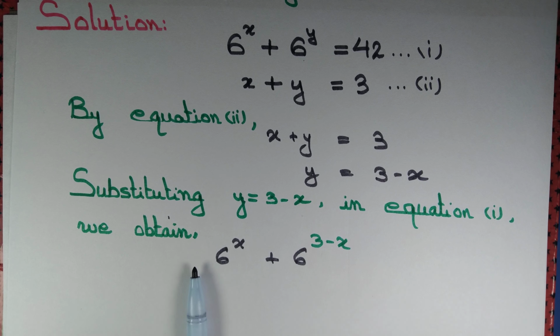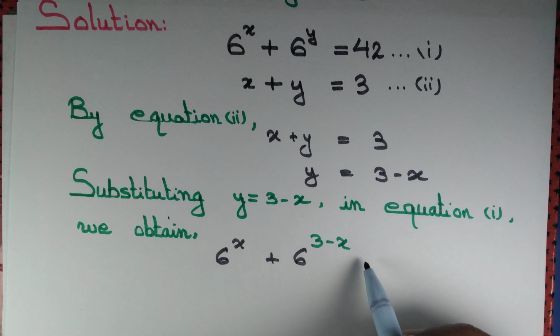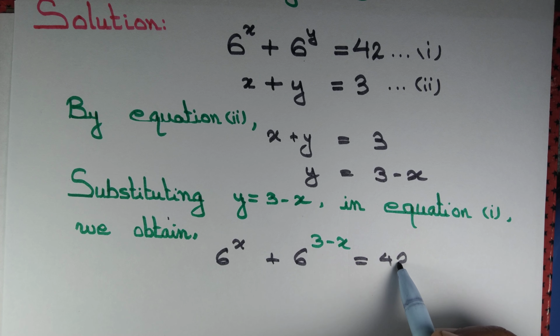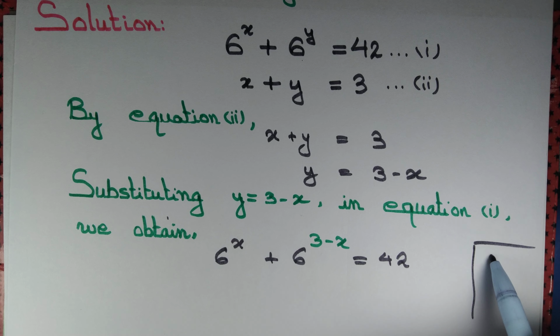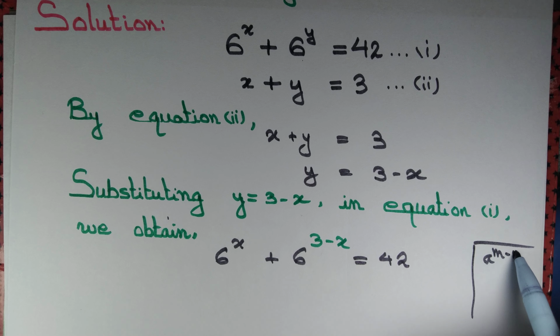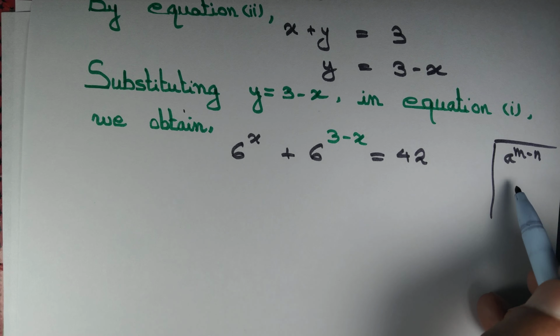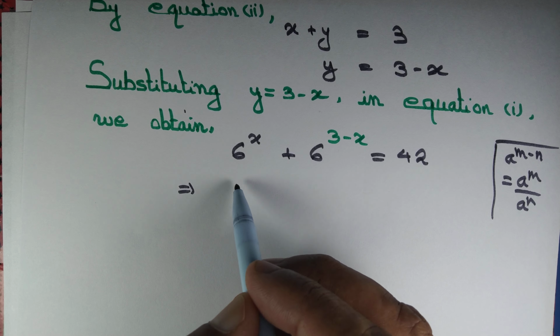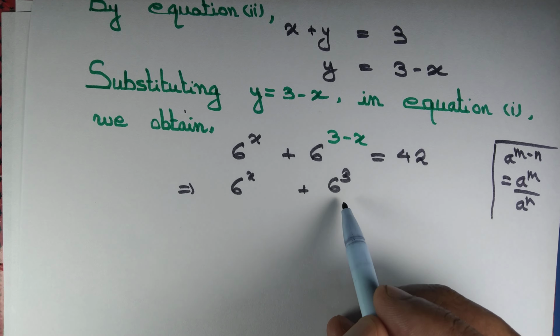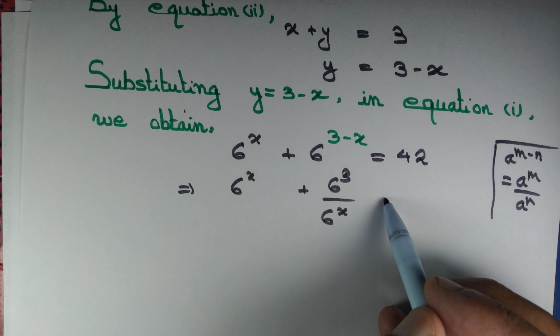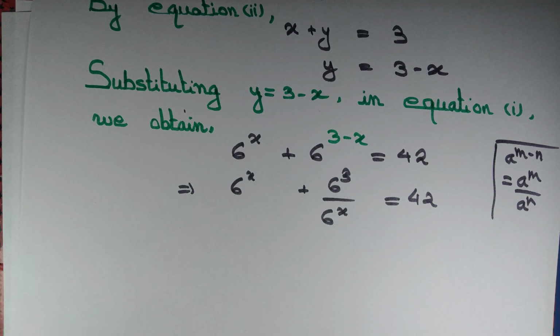Rest of the expression as it is, 6^x + 6^(3-x) = 42. By law of indices, a^(m-n) is simply equal to a^m divided by a^n. So this equation can be written as 6^x + 6 cube divided by 6^x = 42.